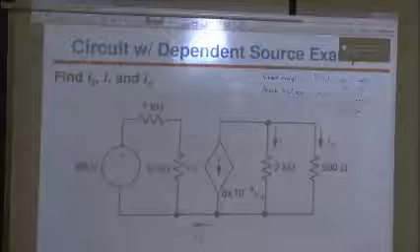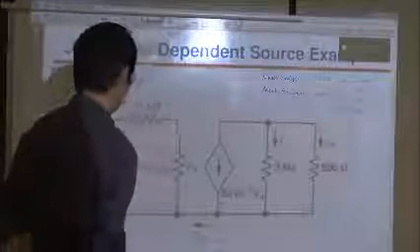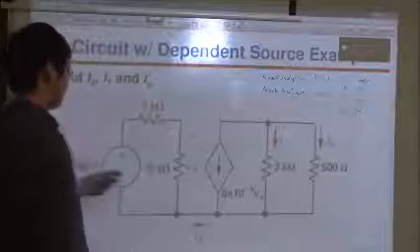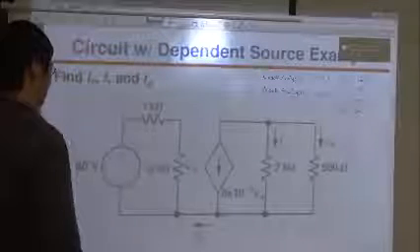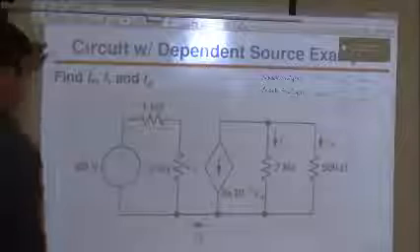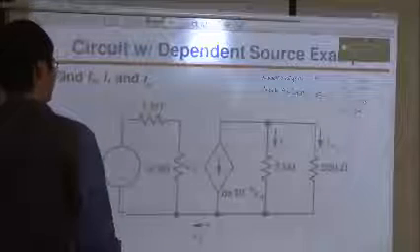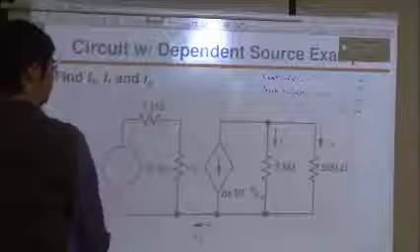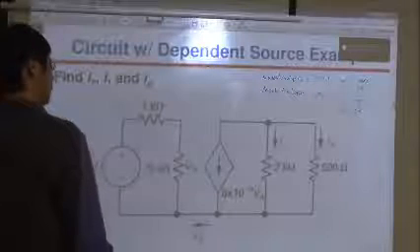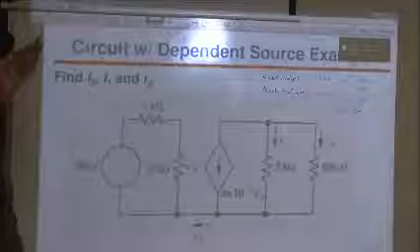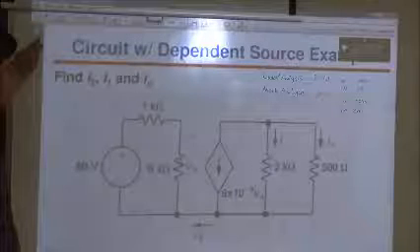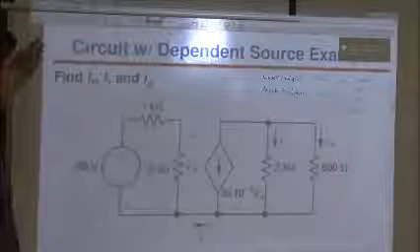Again, I forgot to mention, there are ideal voltage sources like this, and ideal current sources like what we have seen before. They are called independent sources because the value doesn't change. However, to model our complex real world, sometimes we need something called a dependent source.